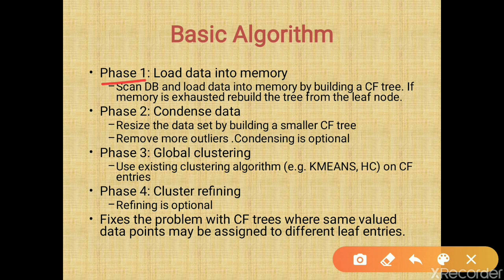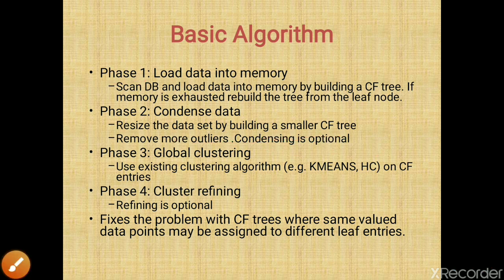Next is condensing data. Here, resize the data set by building a smaller clustering feature tree. So, you have to rebuild to form a small CF tree. What is the advantage of that? Outliers are removed.